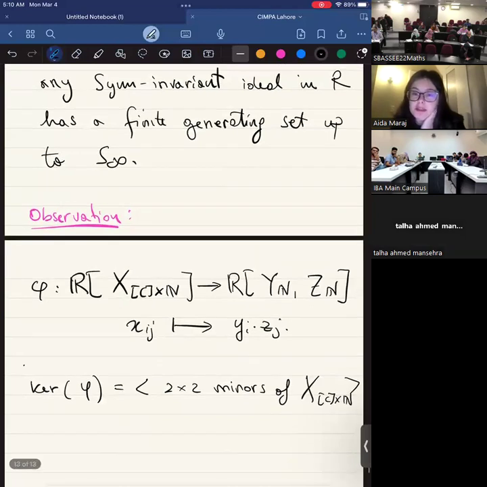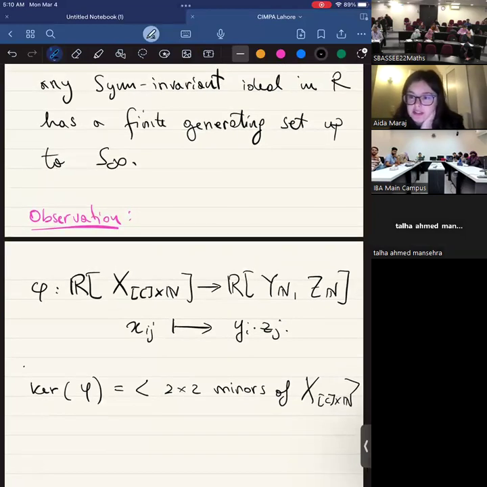This is a monomial map, so by one of the definitions, the kernel is automatically a toric ideal.